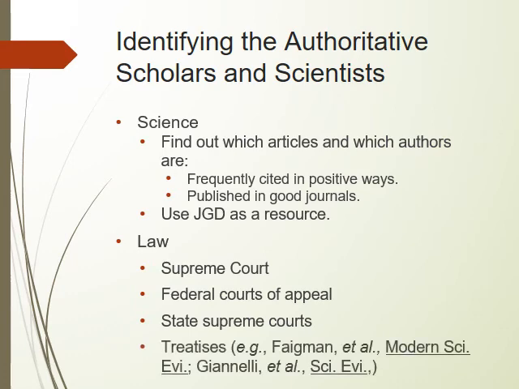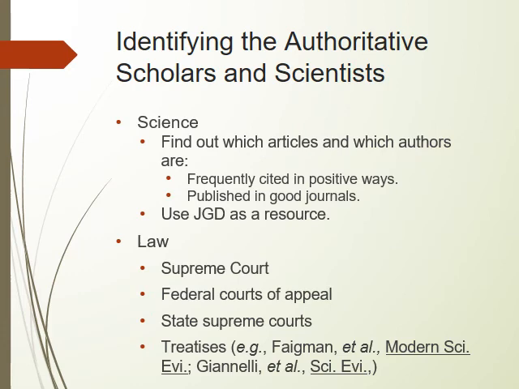And finally, you can use some great treatises that are, I think, typically available through Westlaw and/or Lexis. Here are a couple of great treatises. These are things like Murray on Contracts, except it's on things that may be more relevant for this class. There's Faigman et al., who have the treatise Modern Scientific Evidence. There's Giannelli et al., who have Scientific Evidence.